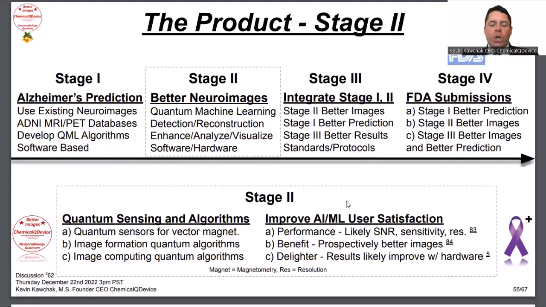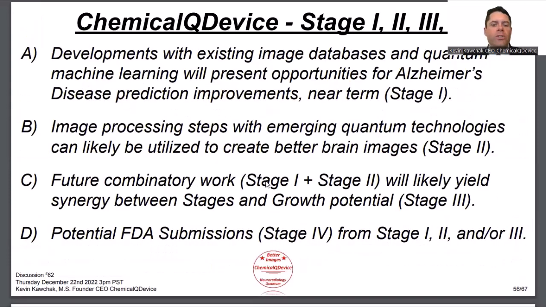In specific, stage 2 is getting better neuroimages. So this is talking about better quantum sensing, and then all along medical imaging processing, evaluating which parts, say reconstruction and image formation or enhancement, visualization, segmentation, is taking significant amounts of time, potentially, as we saw, the 10 hours with the GPU in this week's experiments.